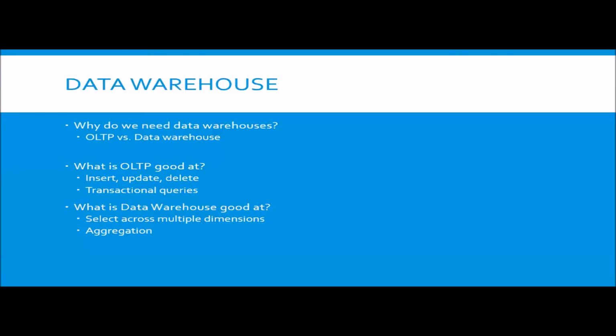But okay, what do we need data warehouses for? Why did they come about? Why are they in existence? And this comes down to the differences between OLTP versus data warehouses. So OLTP, online transaction processing systems, right? ERP, kind of the same thing.